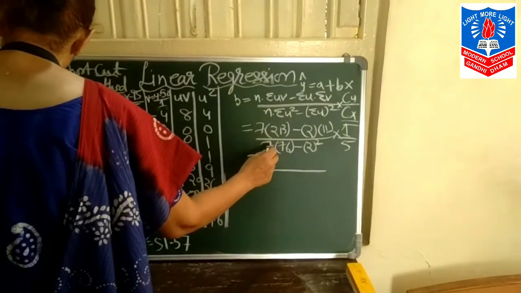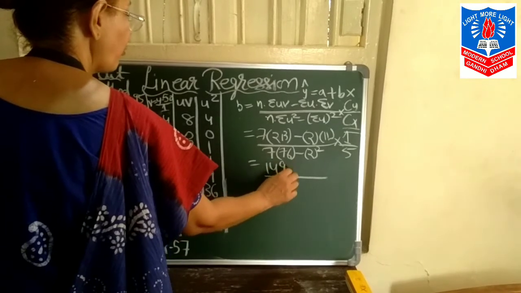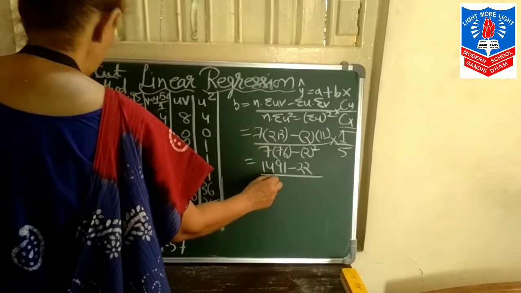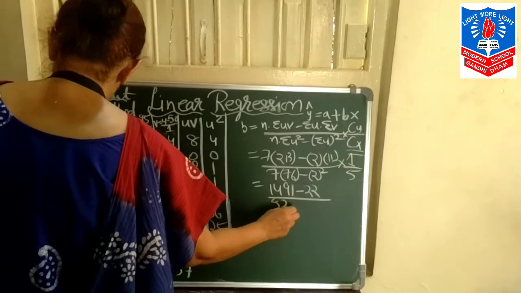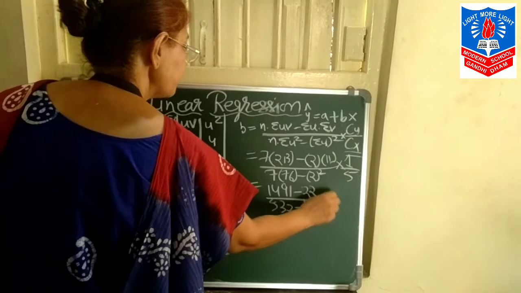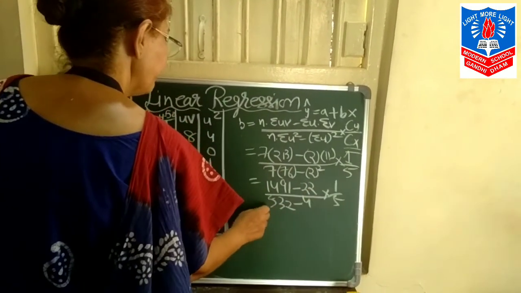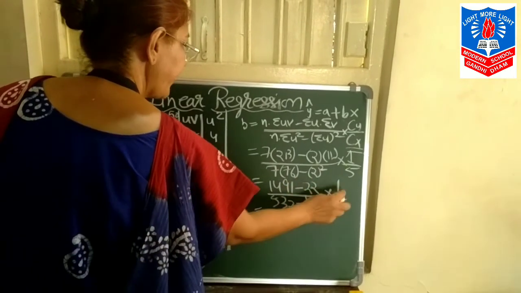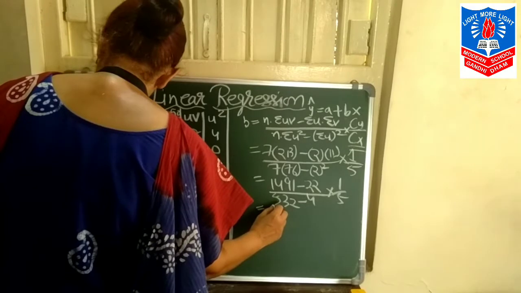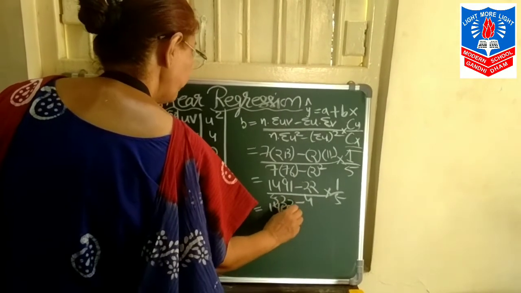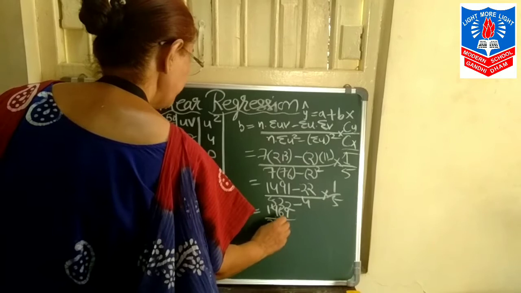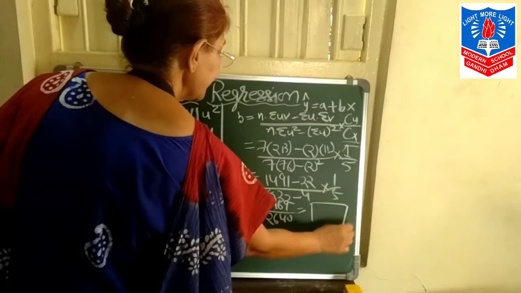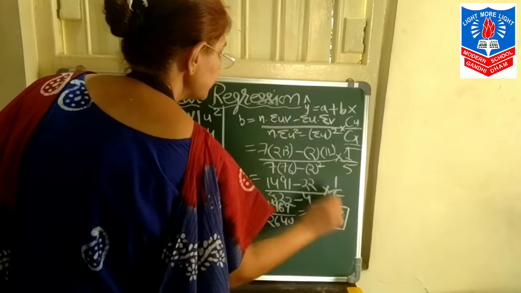Now multiply this, subtract, and then we will divide. So 7 into 213, that is 1491, minus 22, upon 532 minus 4, into 1 by 5. Now divide, subtract and multiply. So we get finally 1469 divided by 2640. When you divide this, we get 0.56.